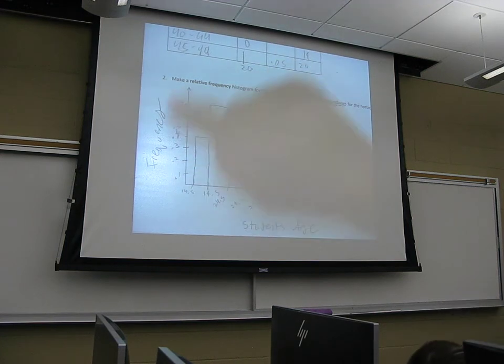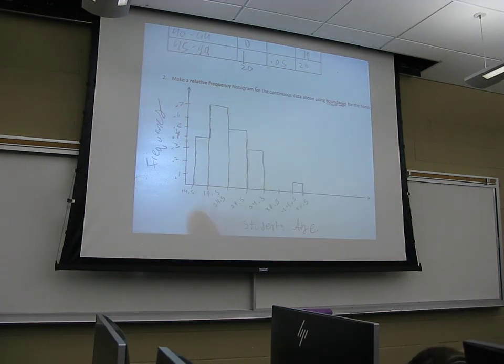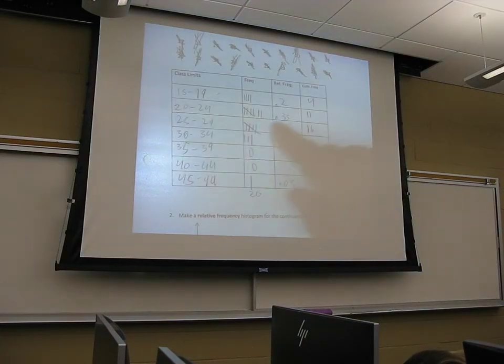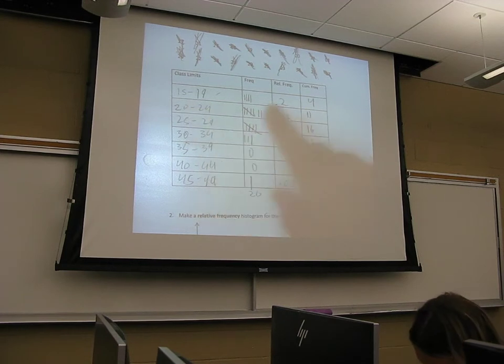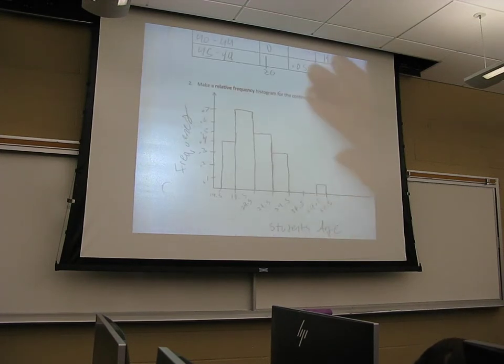The relative frequency is along the side, and you'll see the first one, from 15 to 19, has a relative frequency of 0.2. Oh, that's a problem. Yeah, switch to frequencies. They did frequencies instead of relative frequencies.